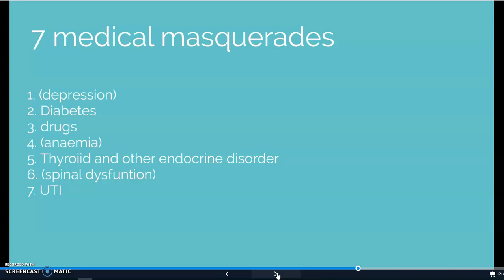Therefore, we need to consider these diseases when a patient presents with a collection of presentations or symptoms.